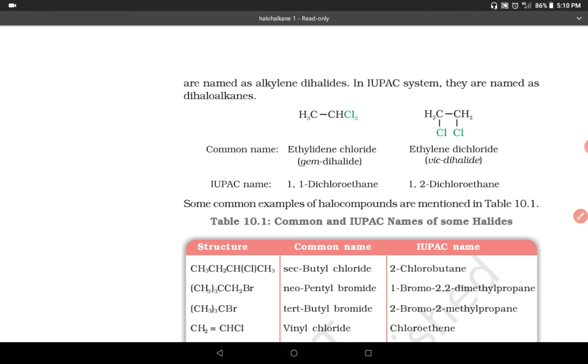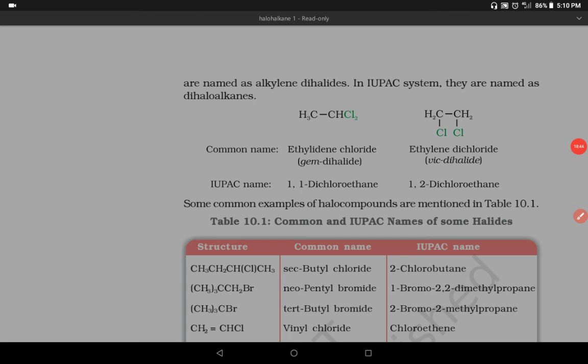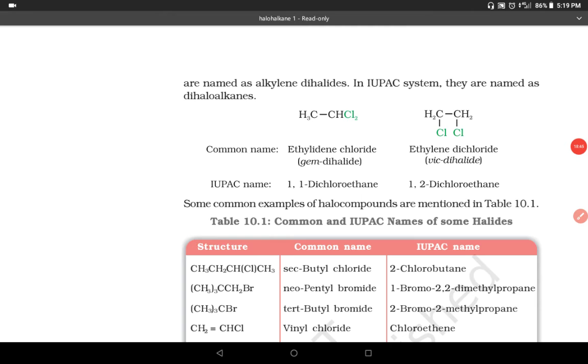Common name: gem halide, vic halide. In vicinal dihalide, the chlorine atoms are attached to two carbons. Yes, we differentiated the geminal halide and vicinal halide.